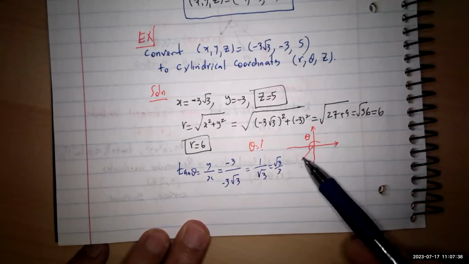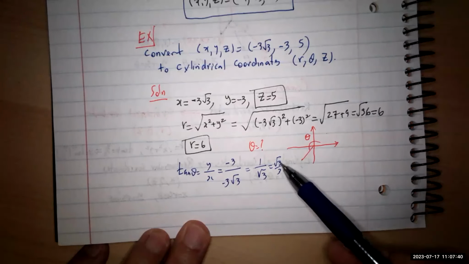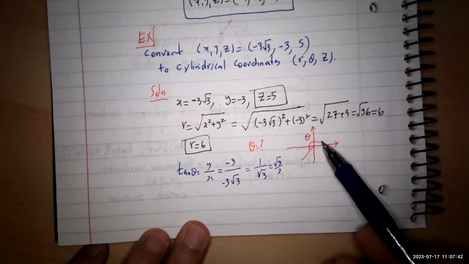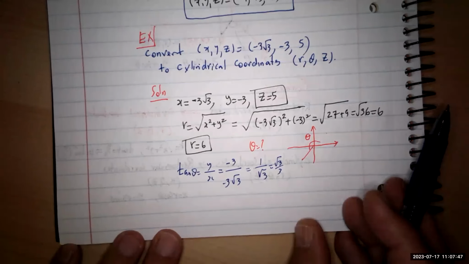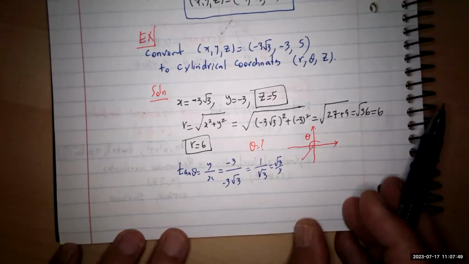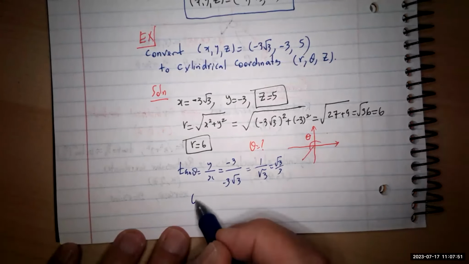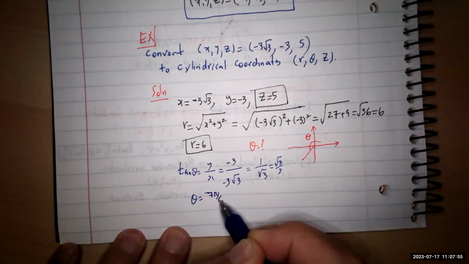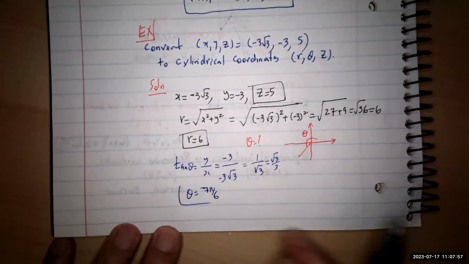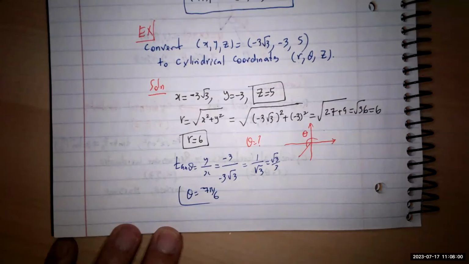Since you are in the third one, radical 3 over 3 is the tangent of 30 degrees, but it's going to be 30 plus 180, which is 210. So theta is going to be 210 degrees or 7 pi over 6. So you have to be careful to pick the correct numbers.